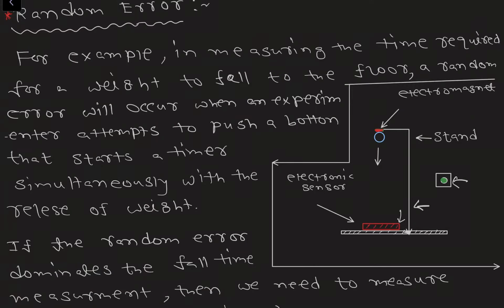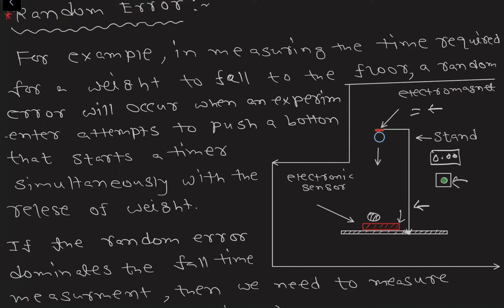Now we have a switch here. When we press it, the current through this electromagnet will stop. A stopwatch will start counting time, and when this ball falls on the ground, the stopwatch will stop. That's how we are going to measure this time.